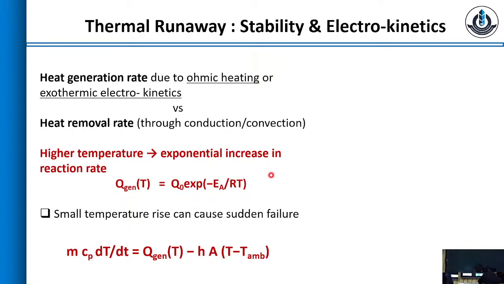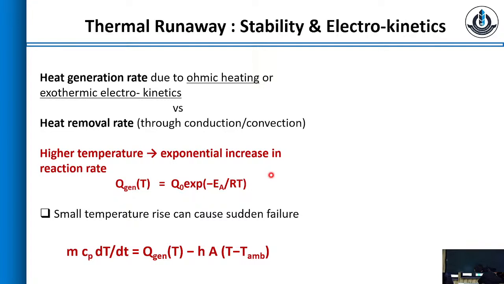Again, this is where the kinetics comes into the picture, even for modeling battery effects. Ultimately, if you look at this equation, mcp dT by dt, the temperature change with respect to time, will be equal to the heat generated because of the kinetics minus the heat extraction.